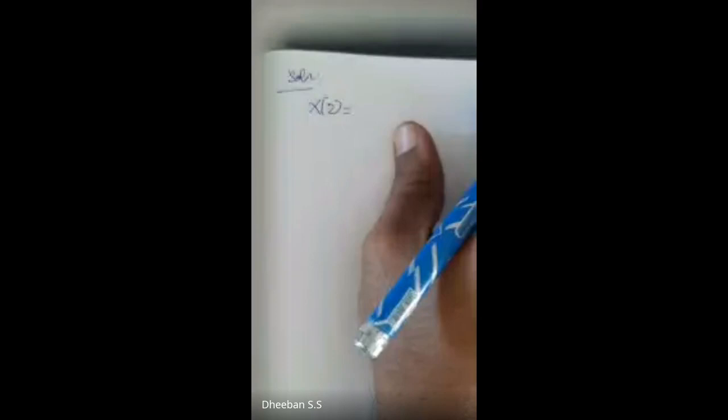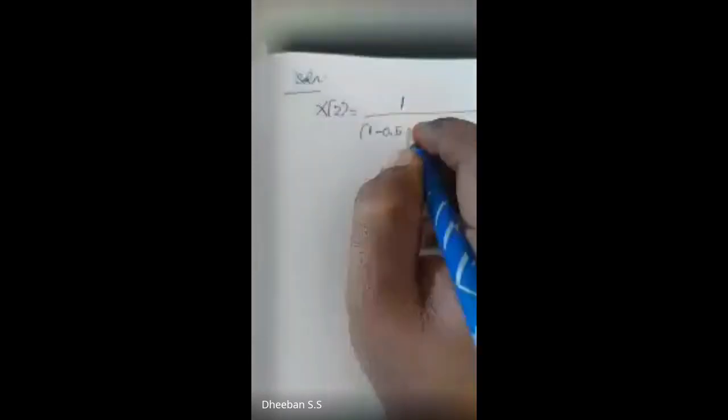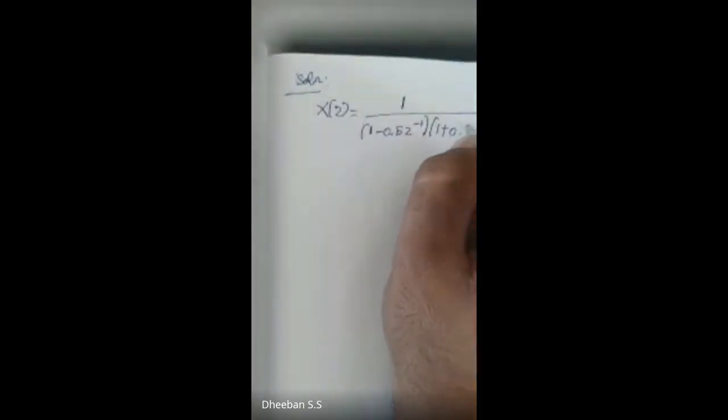So first we write the signal x of z equal to 1 by 1 minus 0.5 z power minus 1 into 1 plus 0.25 z power minus 1. Here you have to separate the signal, taking it as x1 of z into x2 of z.